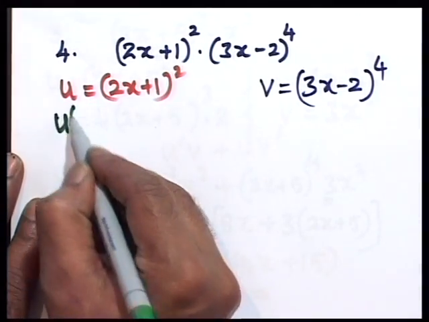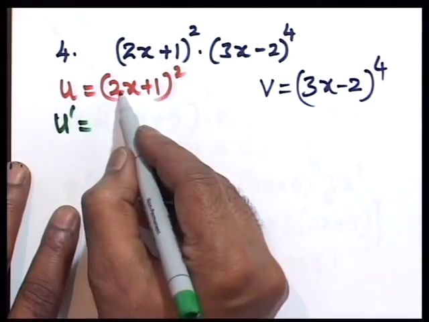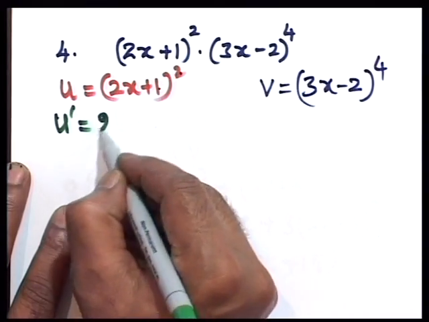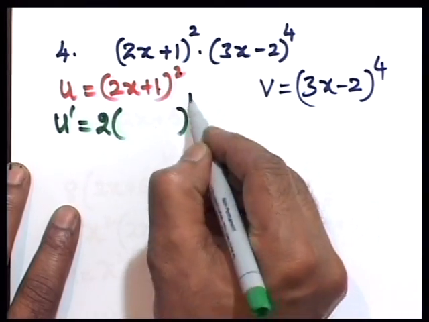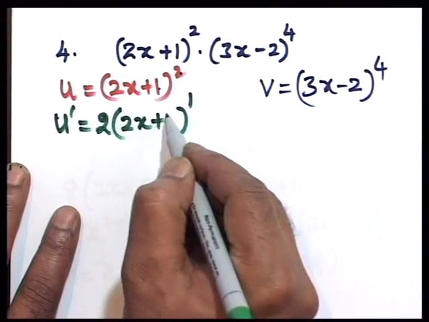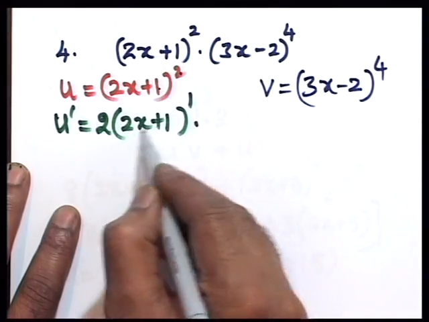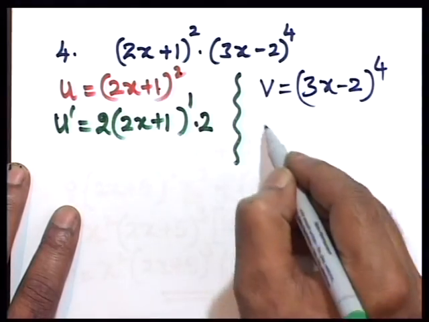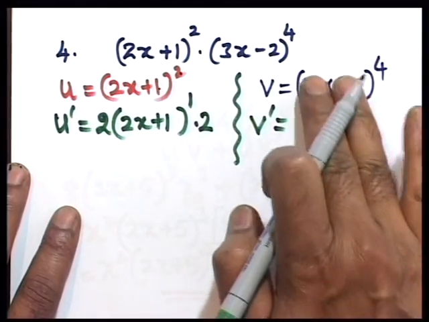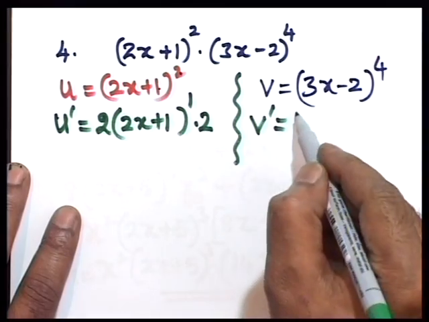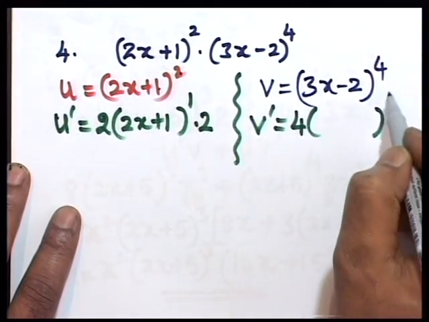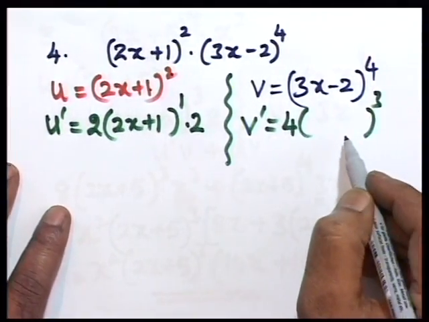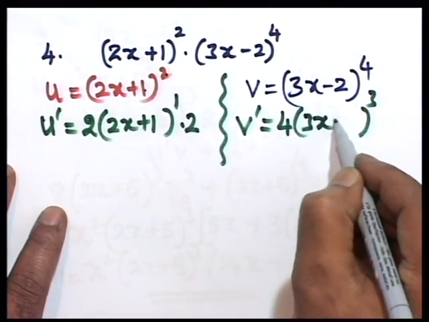So I get u dash. Something squared is 2 times the same thing to the power 1. 2x plus 1, and we differentiate the bracket using the chain rule, please, which is a 2. And v dash is something to the power 4 is 4 times the same thing cubed, which is 3x minus 2.